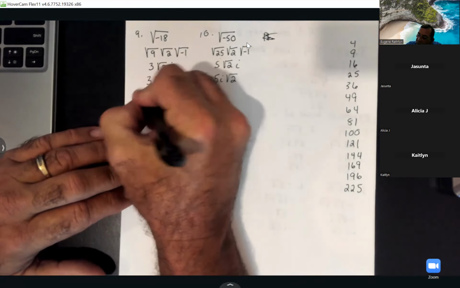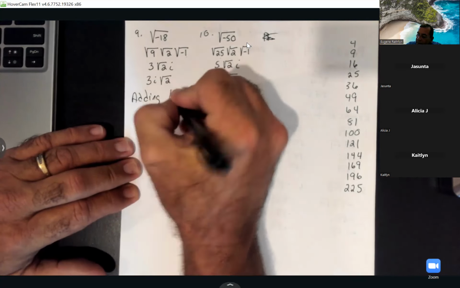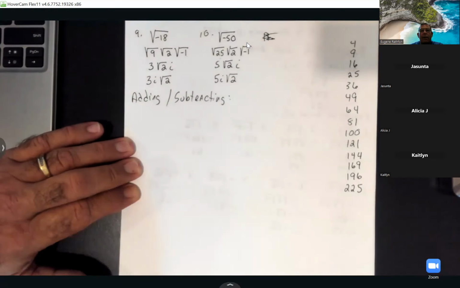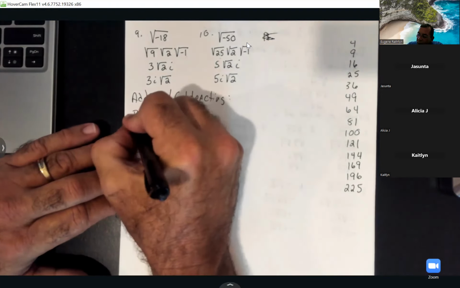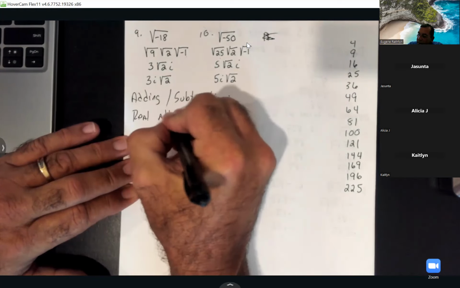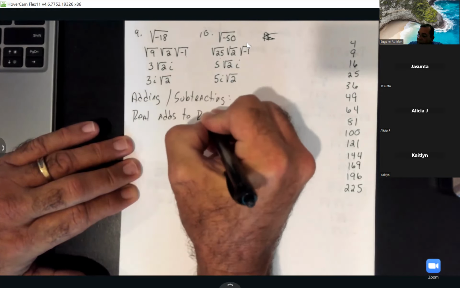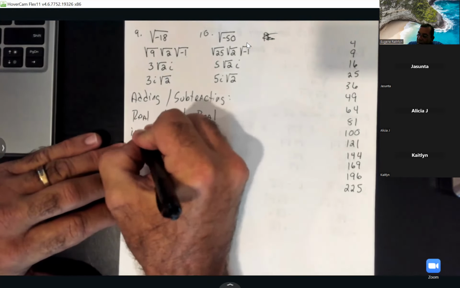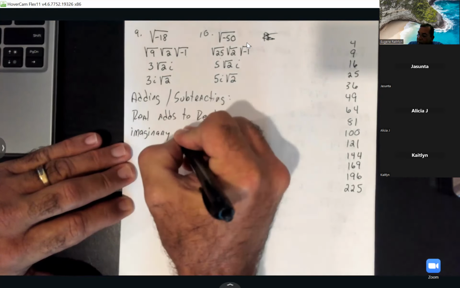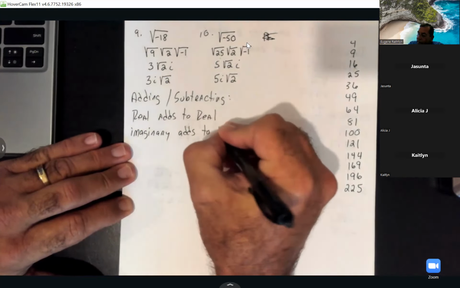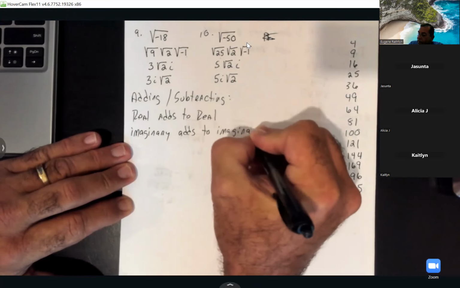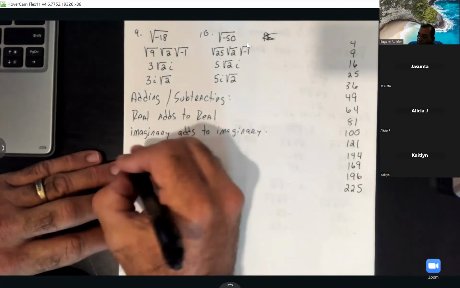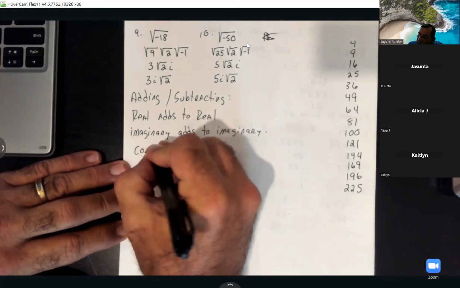So when adding or subtracting, it's just like terms. The real part adds to real, and imaginary adds to imaginary. So these together are what we call complex numbers. So let me explain those to you.